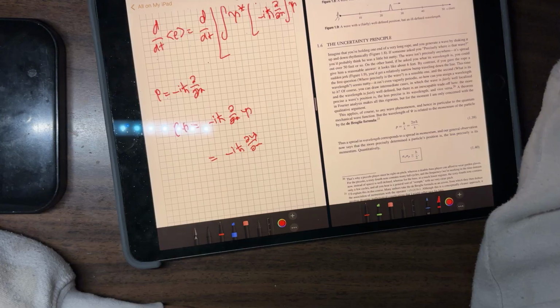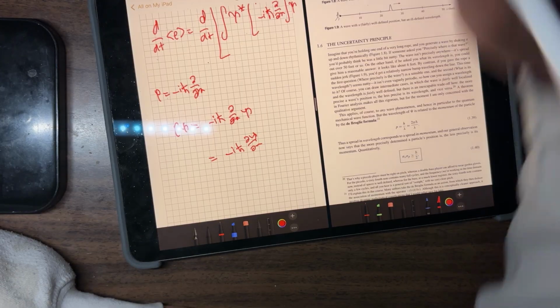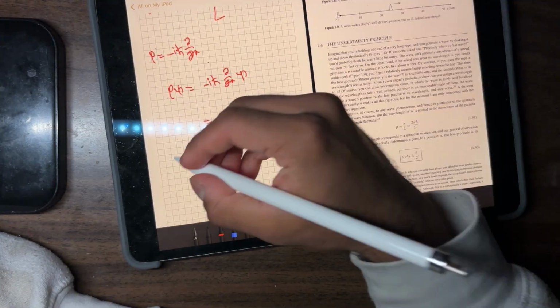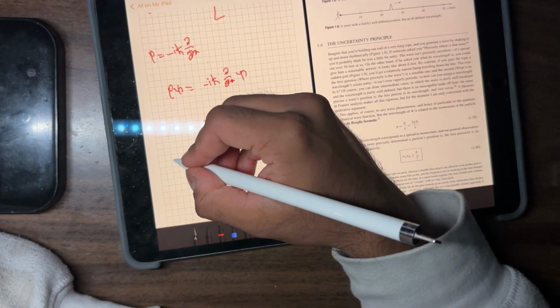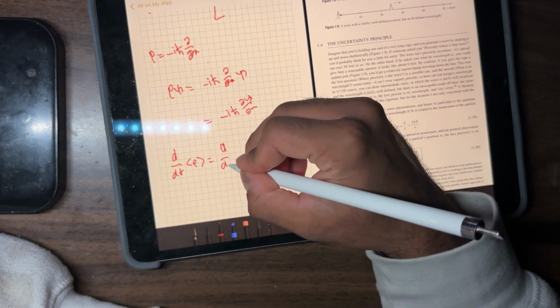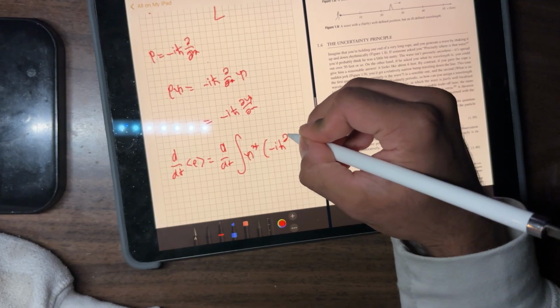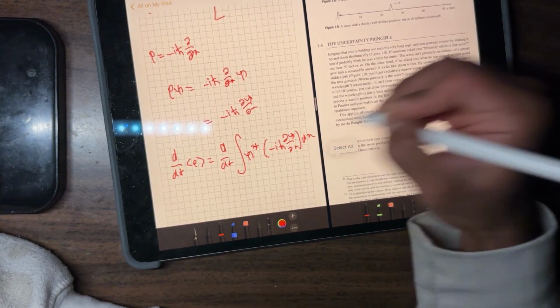And then from there on, you calculated to have d by dt of expectation value of p, which is d by dt of psi conjugate minus iota h bar curl psi by curl x dx.